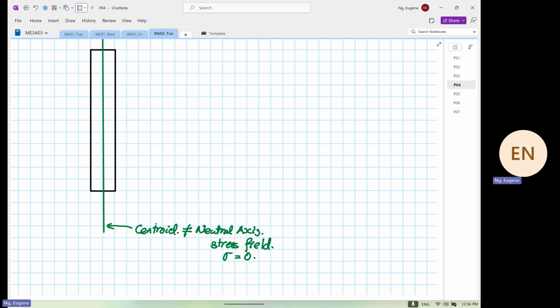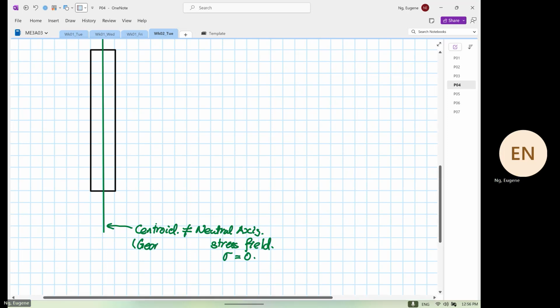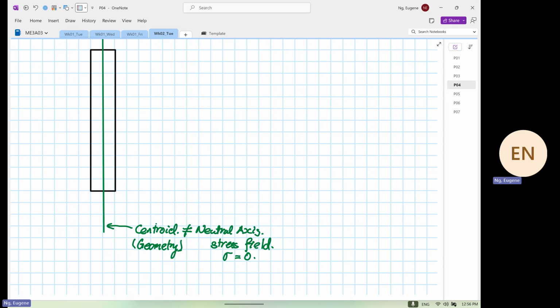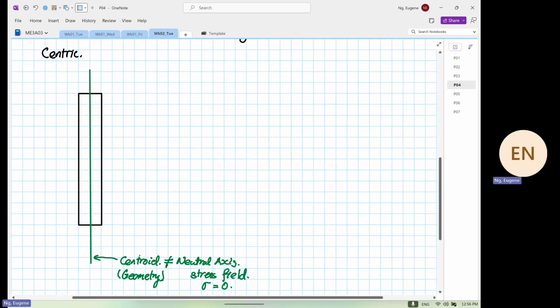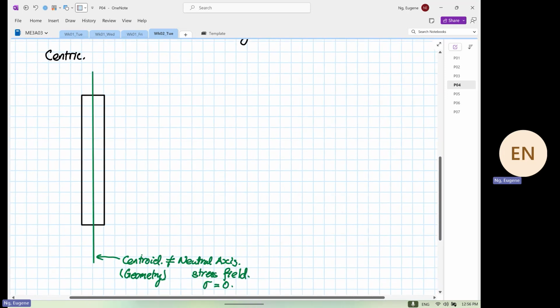How do you get a centroid? Well done. This is based on geometry. So do not assume that the centroid is always equal to its neutral axis. Sometimes it's true. Most of the time it's not. Are we clear? Good. Right. So on the left-hand side, we have centric.